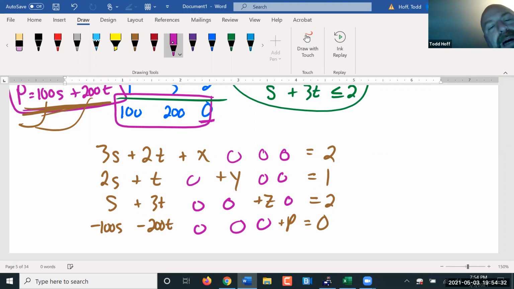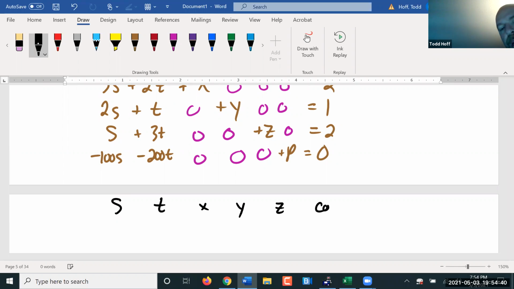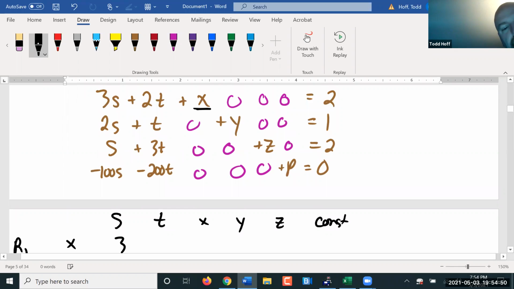And I will create now my initial tableau. So my initial tableau is going to be S, T, X, Y, Z, and the constants. So row 1 here is going to be, this is going to be the X row because X is my slack variable. That'll be 3, 2, 1, 0, 0.